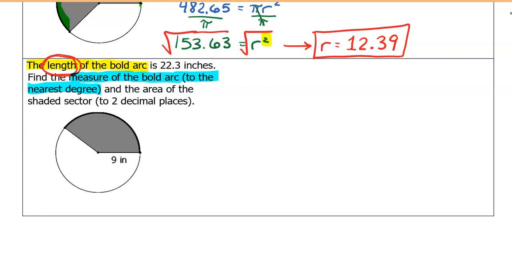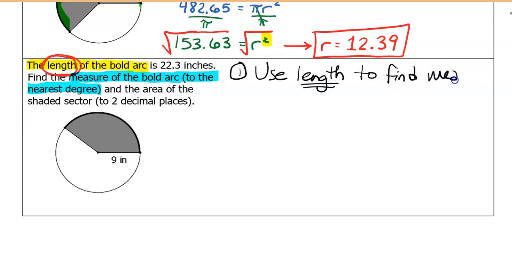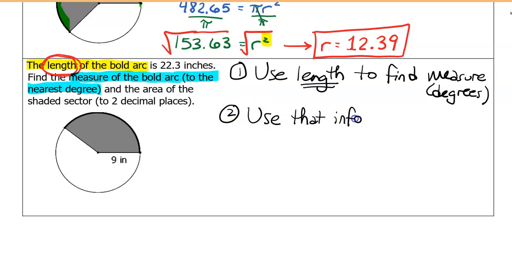I'm going to have you try this on your own, but just some guidance. First job, you're going to use length to find the measure of the bold arc, which is going to be in degrees. And once you know that, then you're going to be ready to find the sector area.